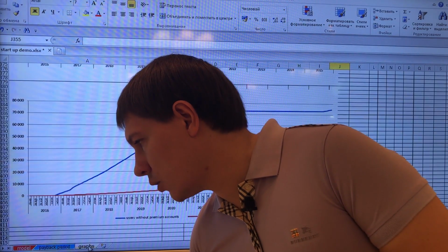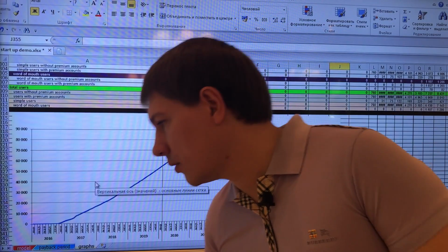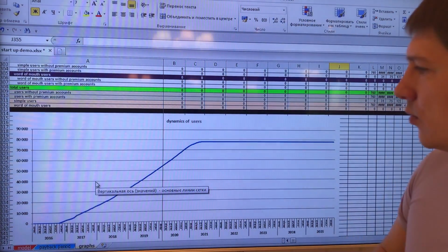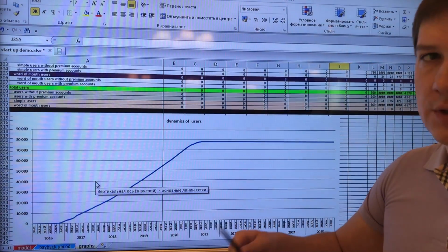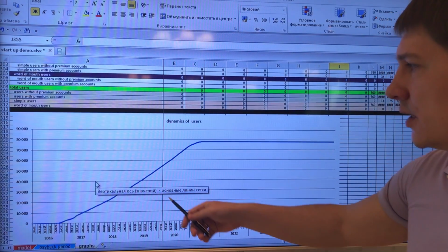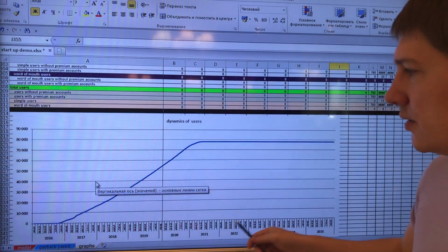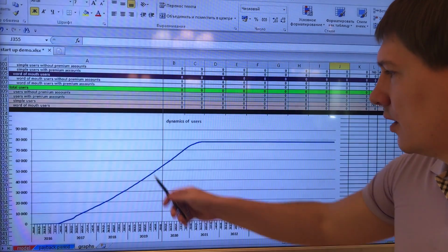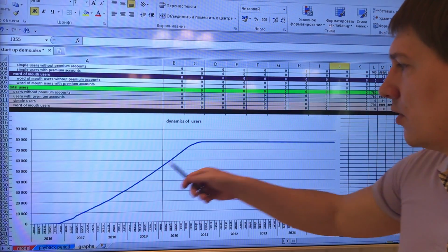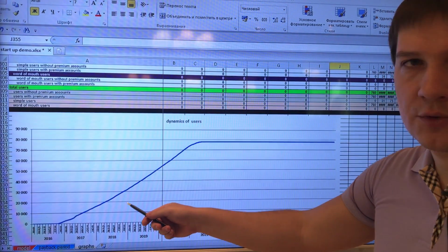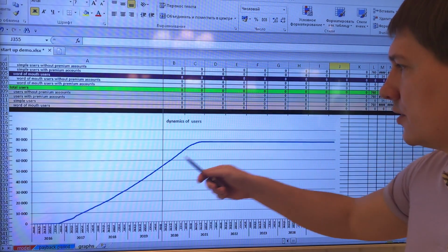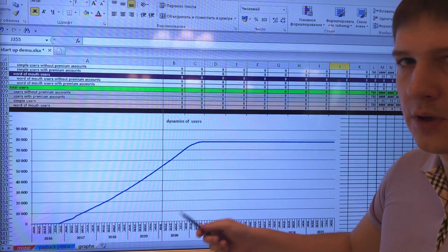And also for our entrepreneurs, we make additional graphs. For example, here we have dynamics of users additional. It is the sum of primary users and also word-of-mouth users.